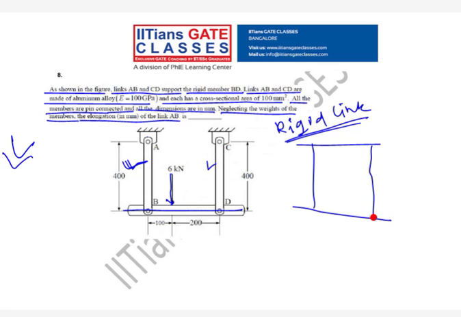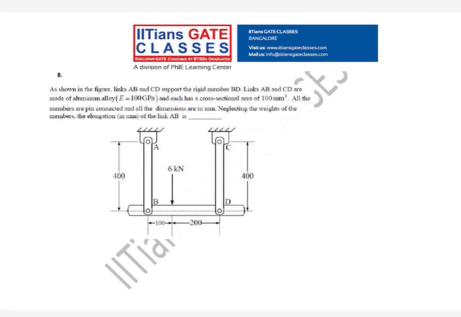Link AB may have this kind of deformation and the other like this, or it may have the reverse also, like this, in the new position.